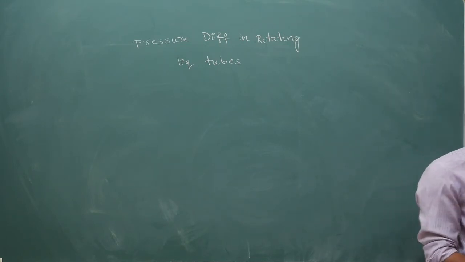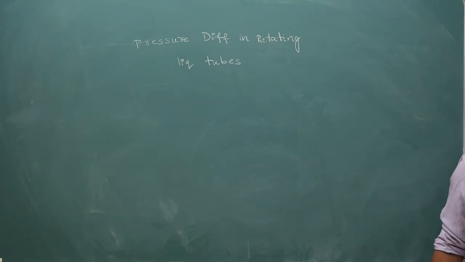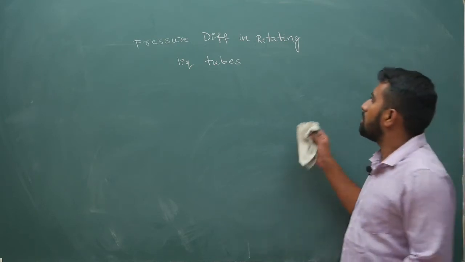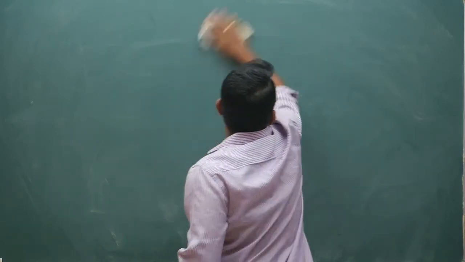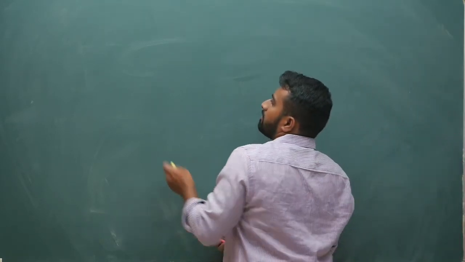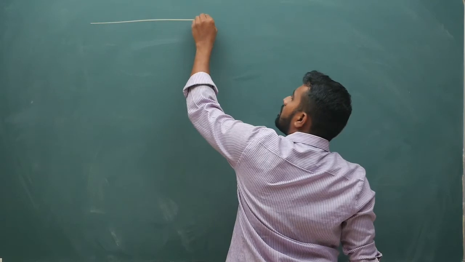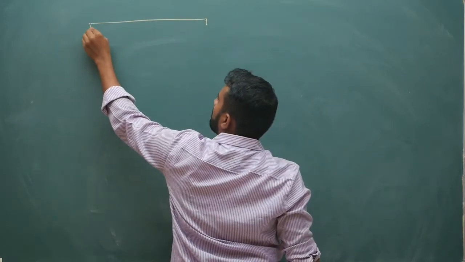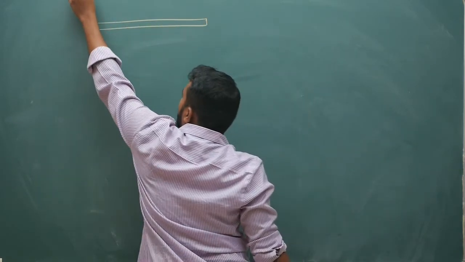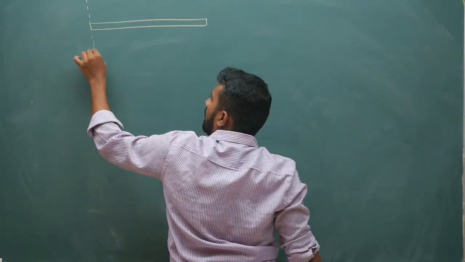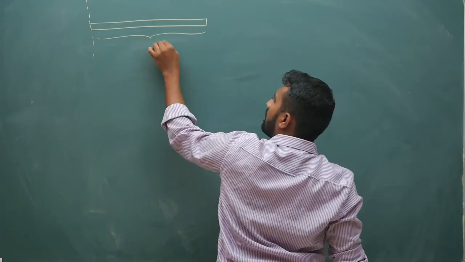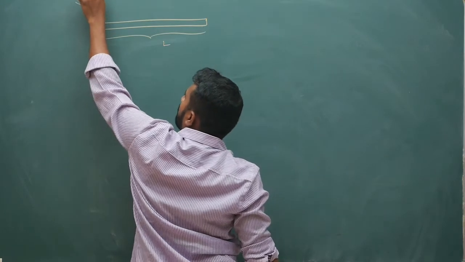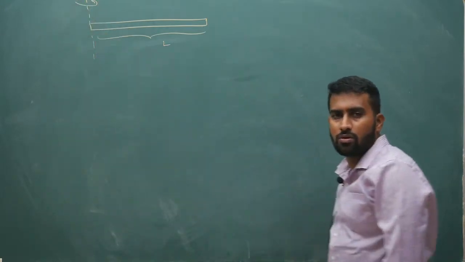A small part that is pending is this pressure difference, as we are discussing in this lecture. So first let me draw the shape of the tube. The rotating tube that you have, let us say it is having a length of L and it is rotating with angular velocity omega.